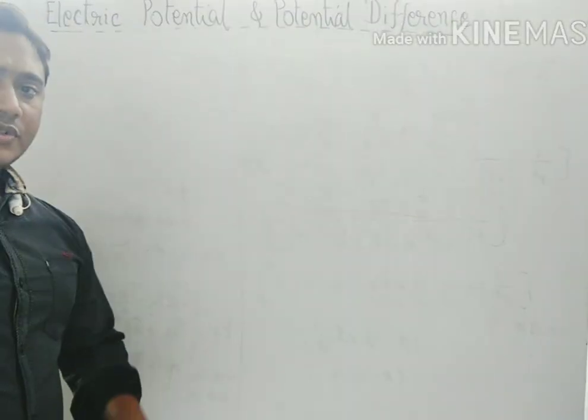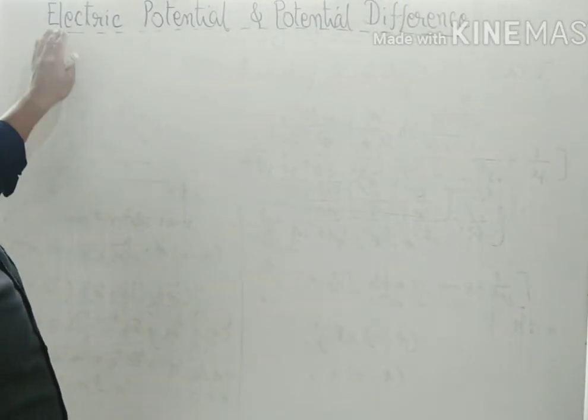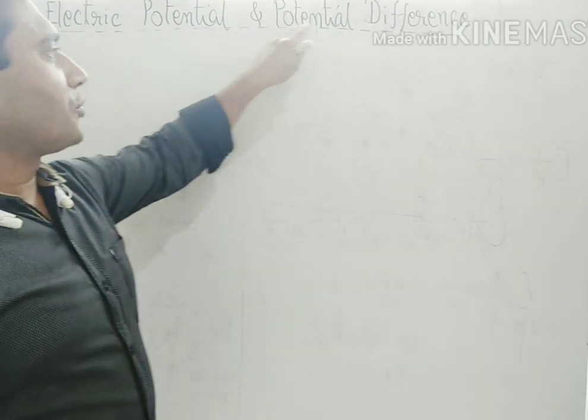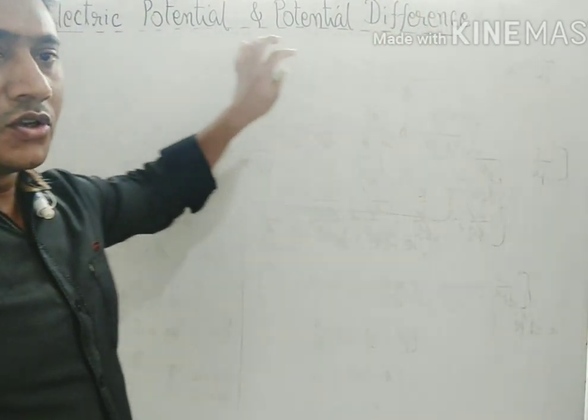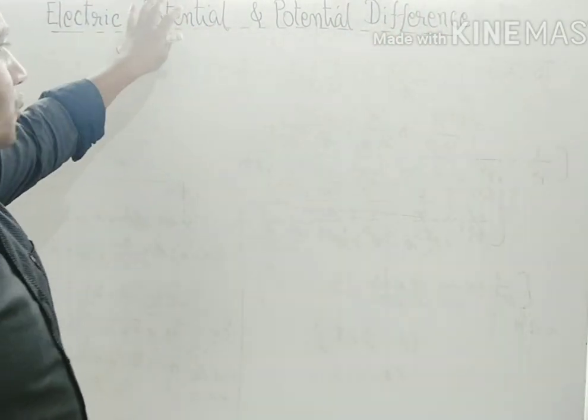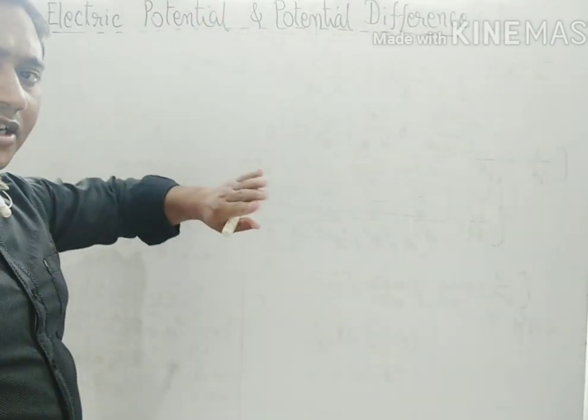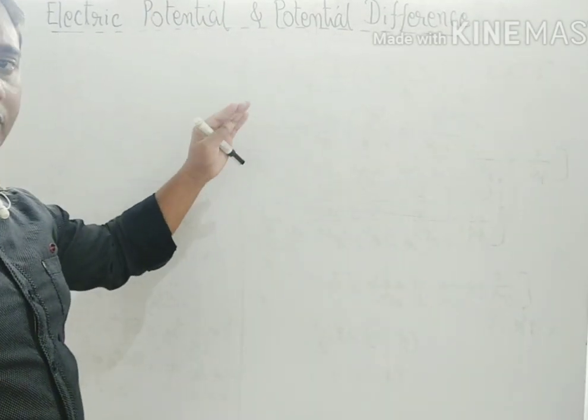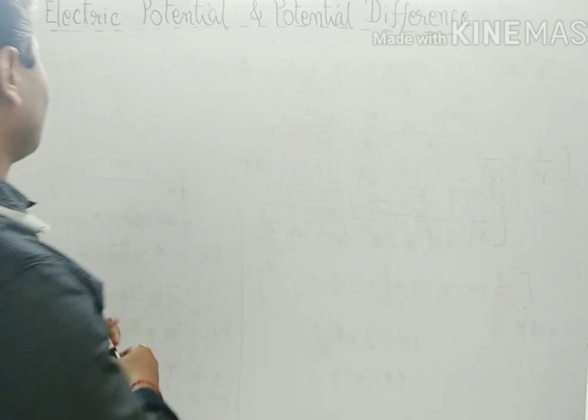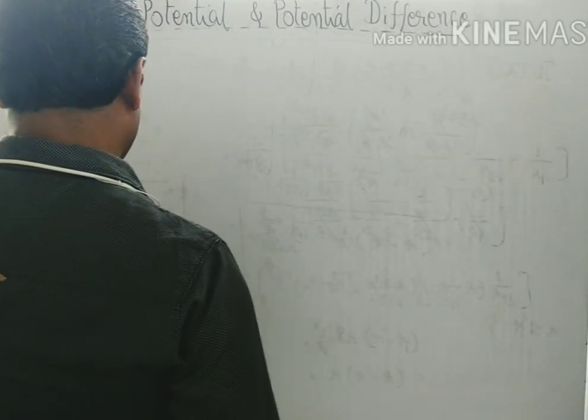Okay students, let's have the next topic, electric potential and potential difference. To begin with this topic, we directly use the previously obtained results. I'm just writing them now. What have we seen?